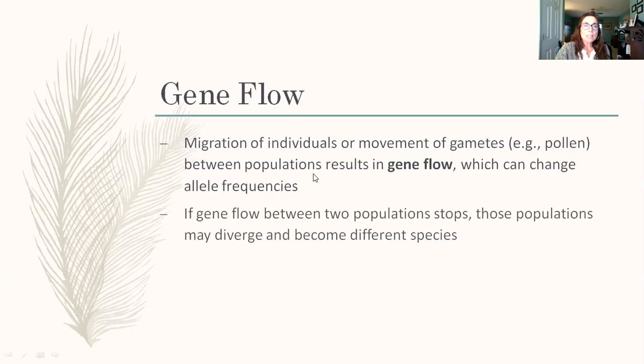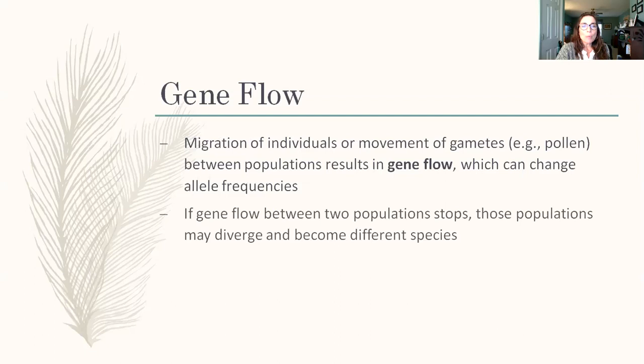Okay, gene flow is another way in which allele frequencies can change within a population. Gene flow is simply the migration of individuals or the movement of gametes, like in the case of pollen, between populations. So you can be introducing new alleles into a population if this happens.